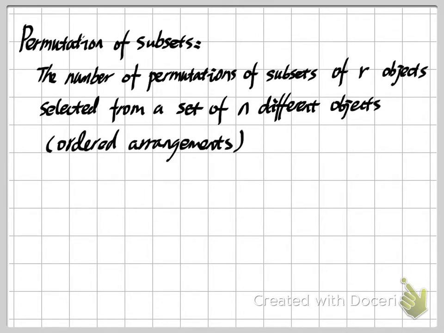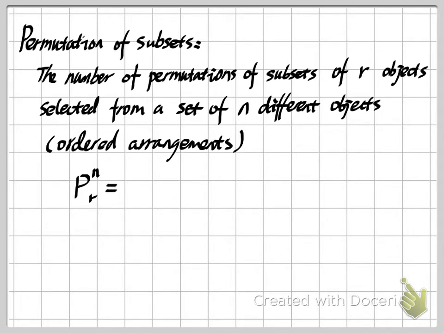So what is the answer? We have a notation for this. We denote this by P with upper n and sub r. This means we select r objects from n, and we get the permutation of this.